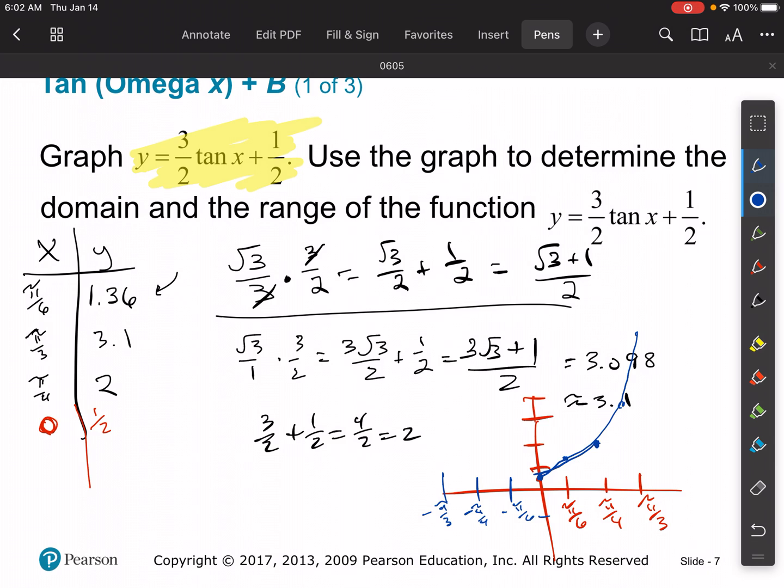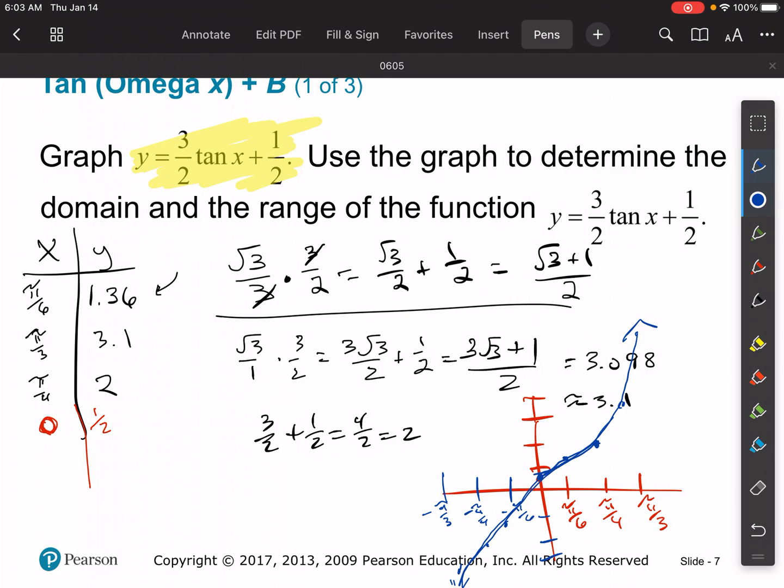We just have to put the negative on each of those. So we got this guy. We got 2 at negative pi over 4. And then we have 3.1 at negative pi over 3. That's down here. So we kind of have this guy going on. Comes up, goes over. Okay, so that's what it looks like.